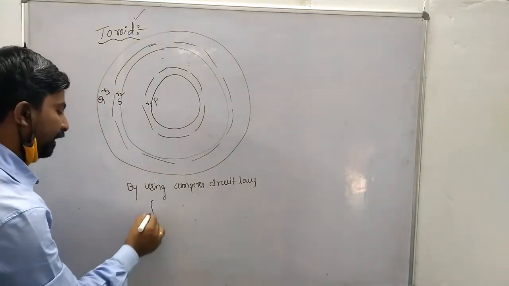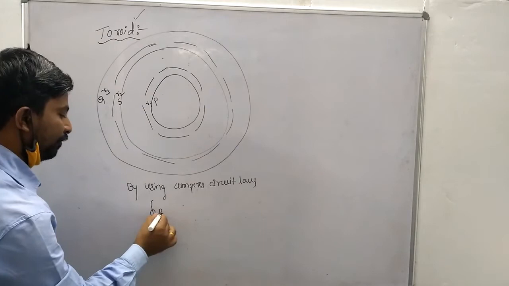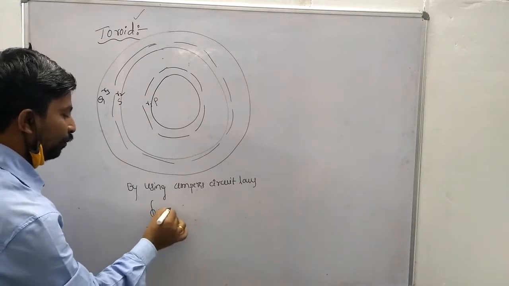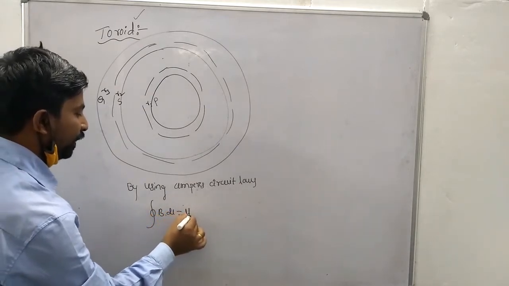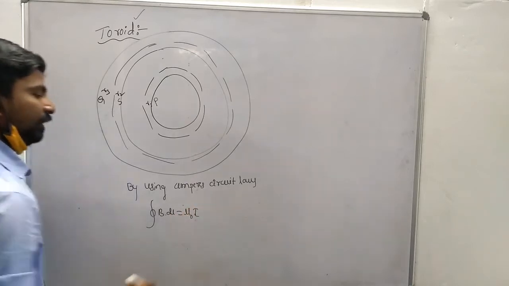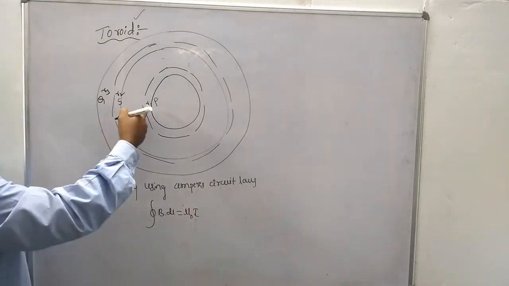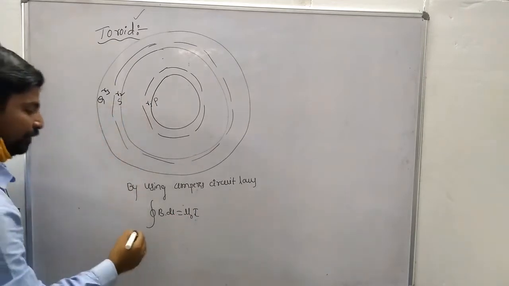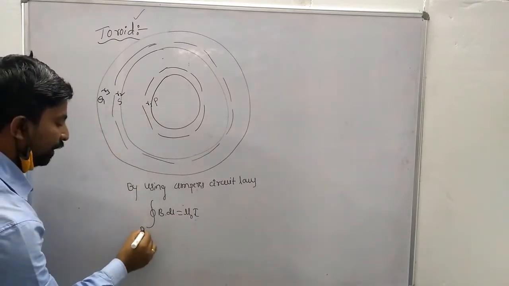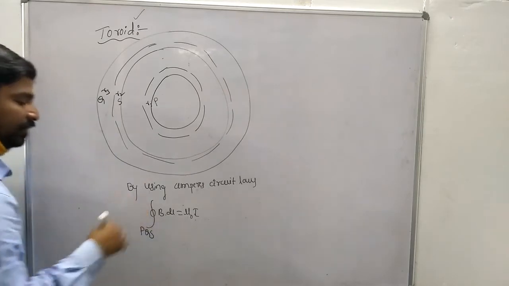The line integral of magnetic field B around a closed loop must be equal to mu naught times the net current passing through that loop. Here we have 3 Amperian loops, so you can write P, Q and S.